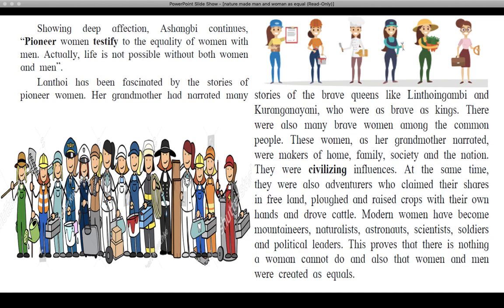Before, you could see only male doctors, but now women have also become doctors, engineers, you can see mechanics, yes or no? So now we can say that women are catching up to men so that they can be treated equally in the society.